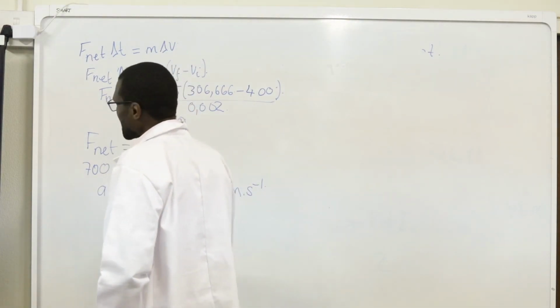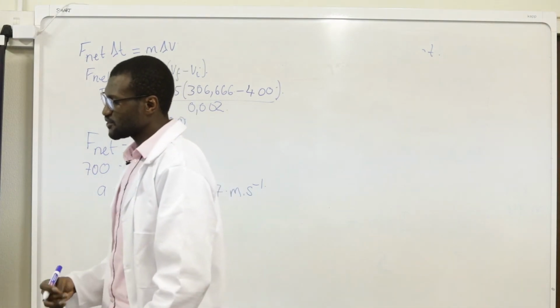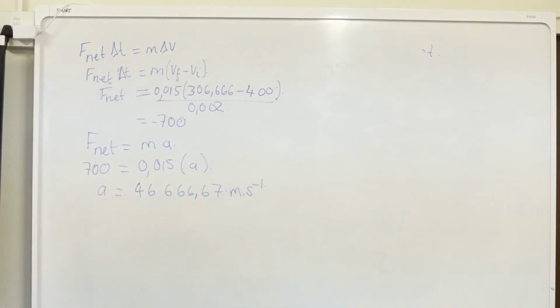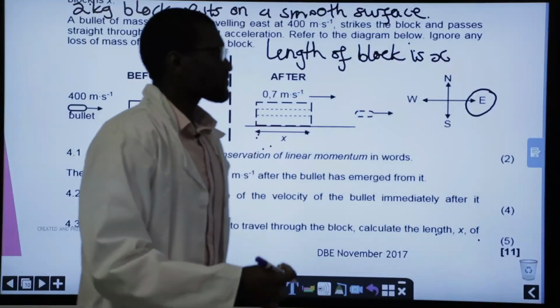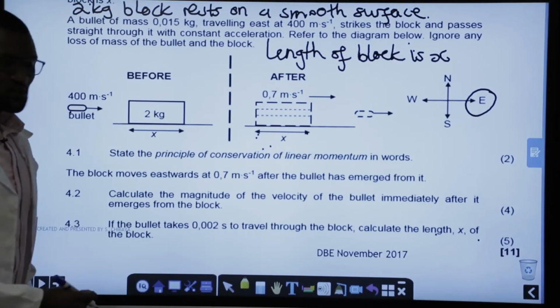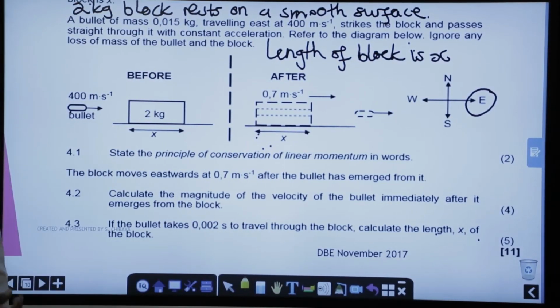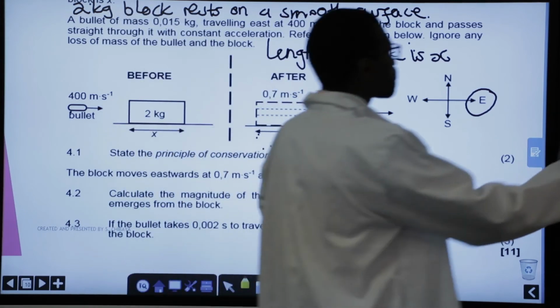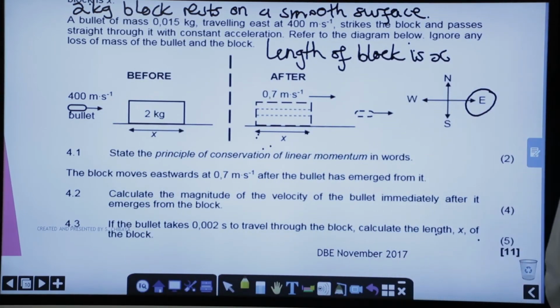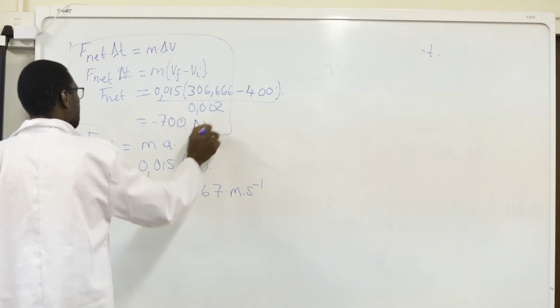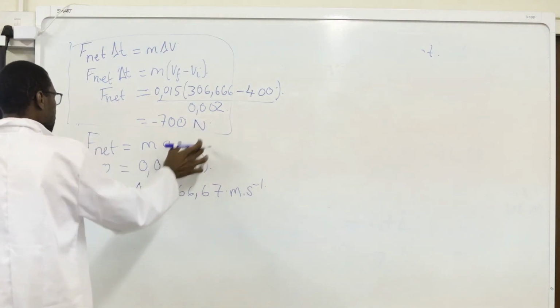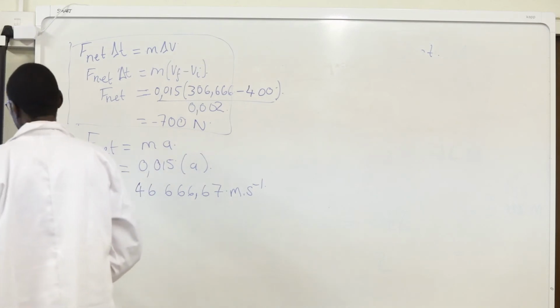Now you can apply this acceleration to any of the equations of motion that require usage of acceleration, initial velocity, and final velocity. All I wanted to do is to show you that this method can be used to find an F net, and an F net can be used to find acceleration.